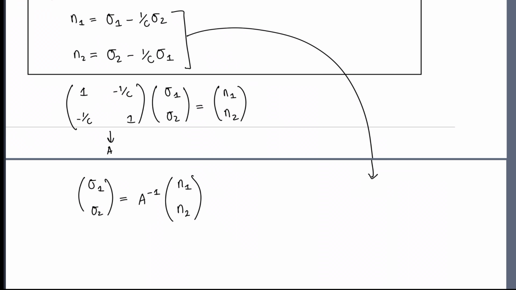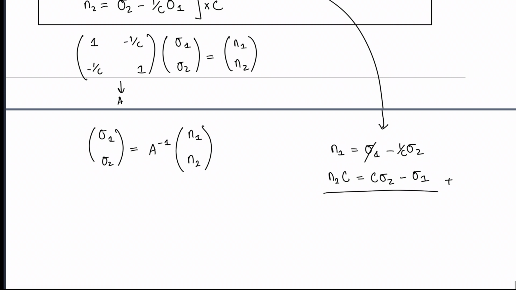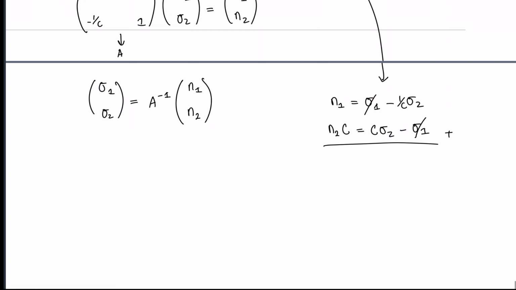In order to do that, I'm going to times the second equation by c. So I get eta 1 is equal to sigma 1 minus 1 over c sigma 2, and eta 2 c is equal to c sigma 2 minus sigma 1. Adding these two equations gets rid of sigma 1, and we are left with eta 1 plus eta 2 c is equal to sigma 2 times c minus 1 over c.